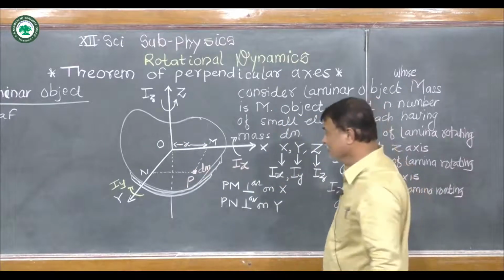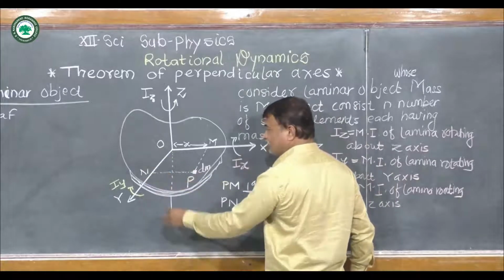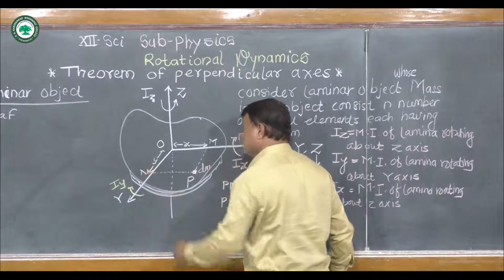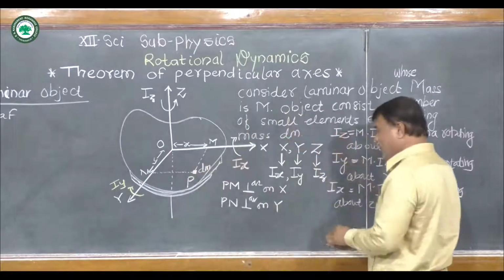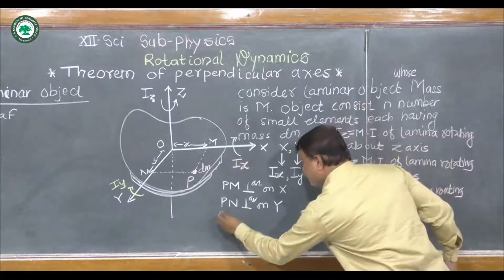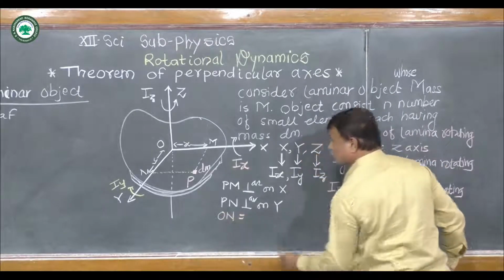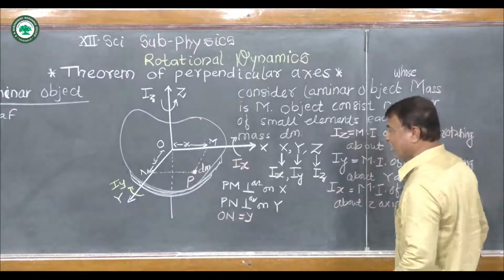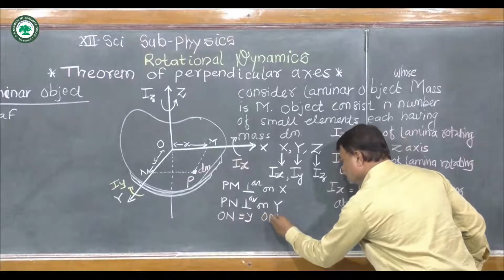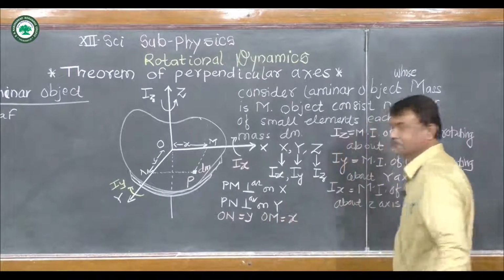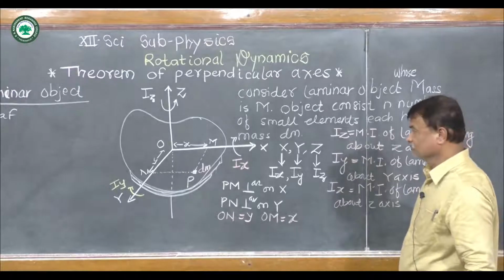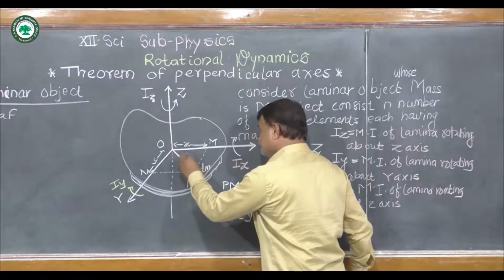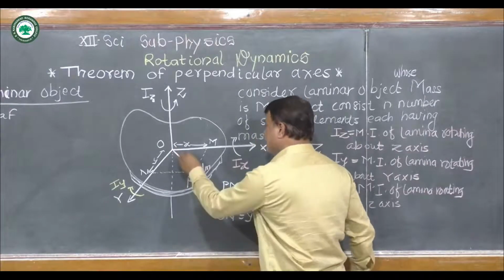Similarly, if we consider this distance ON, which is along the y-axis, its magnitude is small y, as it is along the y-axis. So we write ON is equal to small y, and OM is equal to small x. Now this distance between O and P is given by small r.